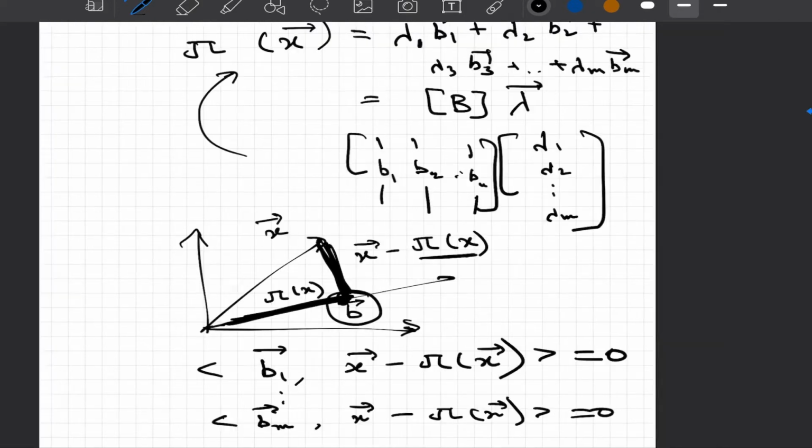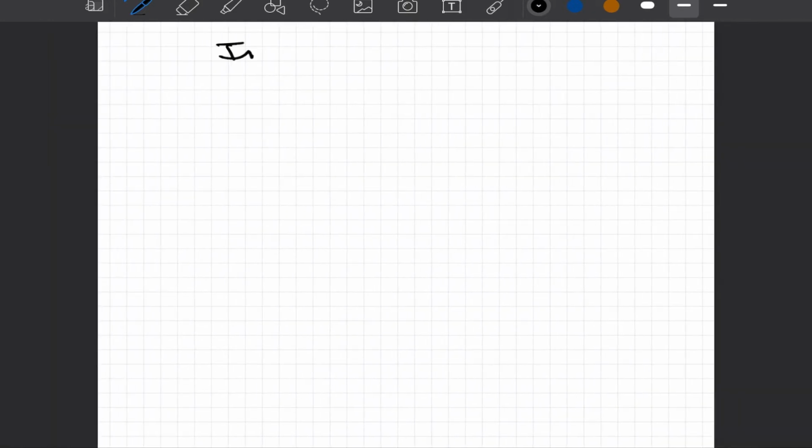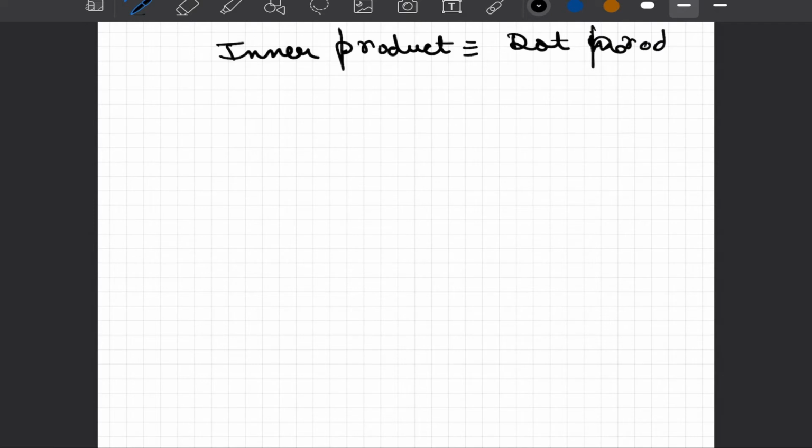And when we take the specific case where we replace the inner product by the dot product, that would mean our transformation matrix becomes an identity matrix. So this would become our dot product.